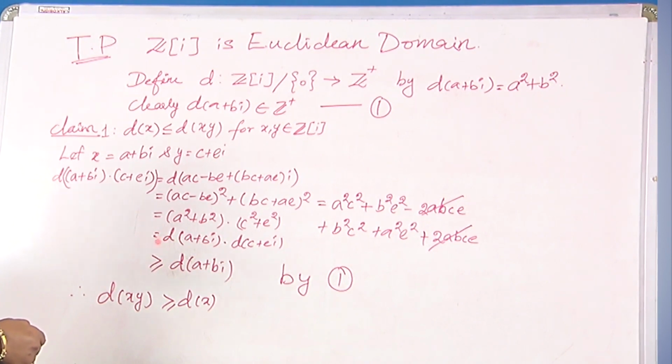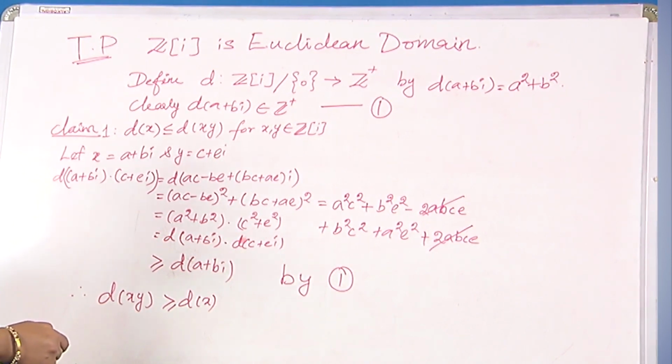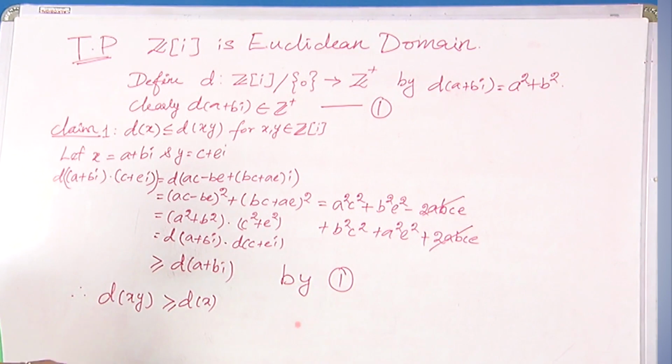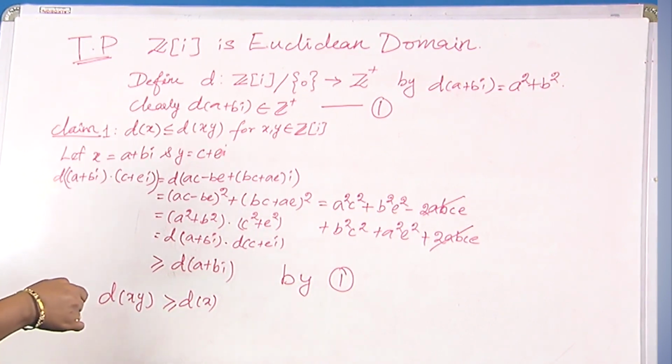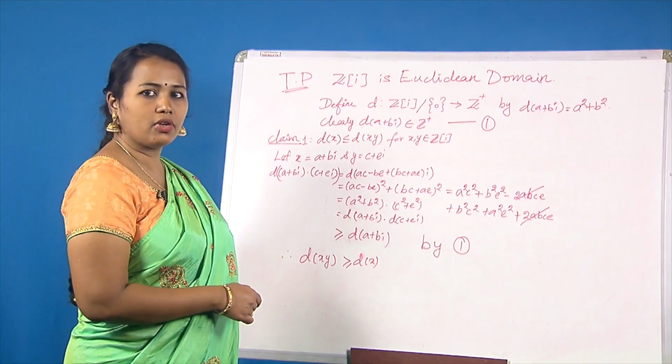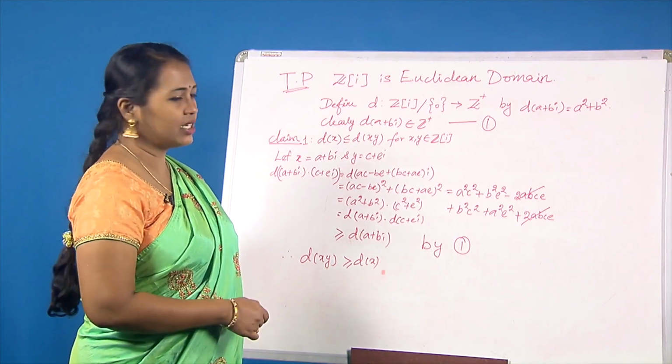Until here we have equality, but when we remove this term it becomes lesser. Therefore, d of (a plus ib)(c plus ei) will become greater than or equal to d of (a plus bi). We took x to be this and y to be this term, and we have shown that d of xy is greater than or equal to d of x. So, one part of the Euclidean domain condition has been proved.